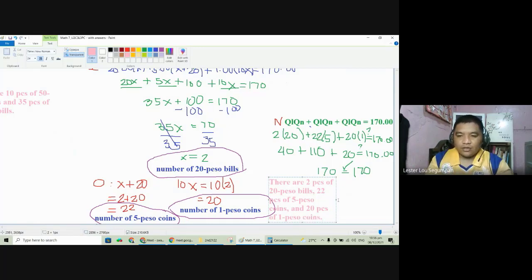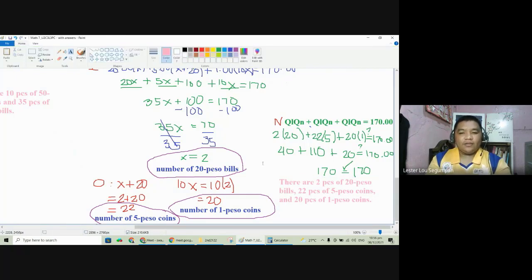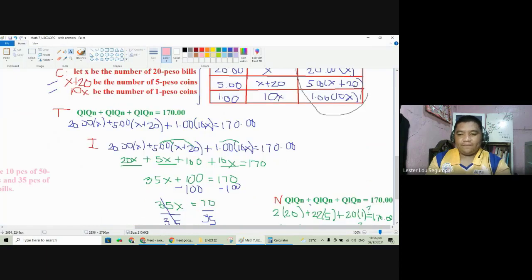This is now the result for number 3. Again, let me try to check if the results are correct. There are 2 pieces of 20 peso bills, correct? 22 pieces of 5 peso coins, correct? And 20 pieces of 1 peso coins. This is now the correct answer for number 3.